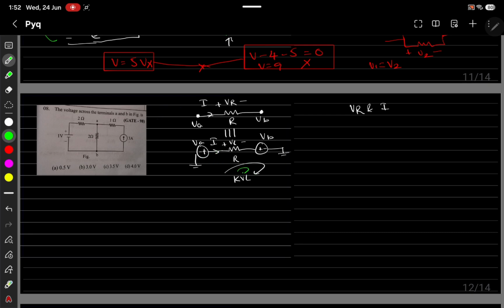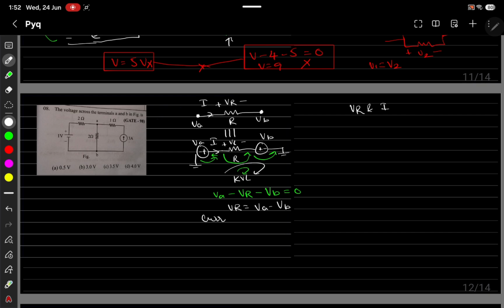We move in this direction, we jump and we look back. So I see a voltage VA, positive voltage. Again we jump and we look back, I see a negative VR voltage. Again we jump and we look back, I see a negative VB voltage, which is equal to 0. So VR is equal to VA minus VB.